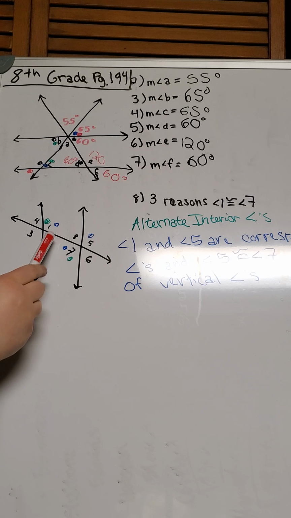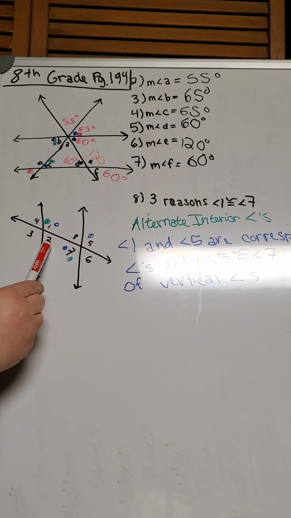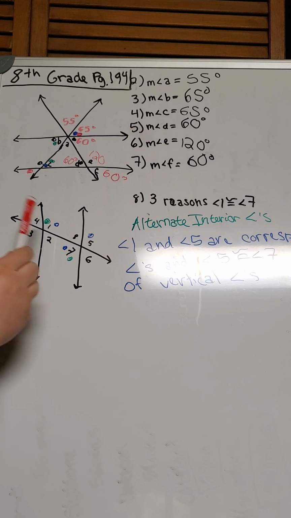Angle 1 and angle 2 are a linear pair, so they add up to 180. So whatever angle 2 is, if I subtract it from 180, I get what 7 is. Let's say angle 2 is 100 degrees, just as an example. I subtract it from 180, and angle 7 has to be 80 degrees. I take 100 degrees and subtract it from 180, and I get 80 degrees for angle 1 also. So that is a third way.